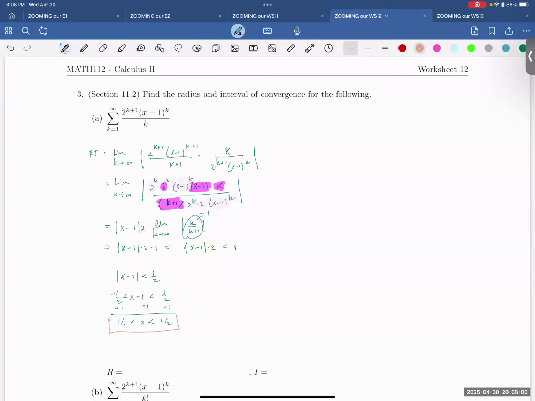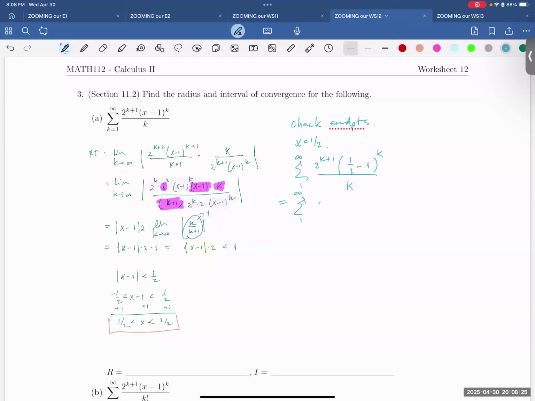So checking endpoints, let's use blue. When x is a half, take your series, plug in a half for x, and then see what happens.